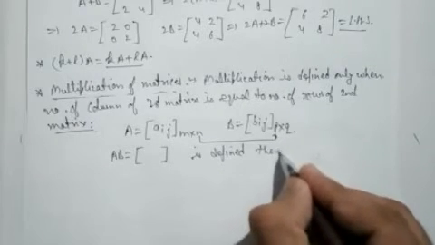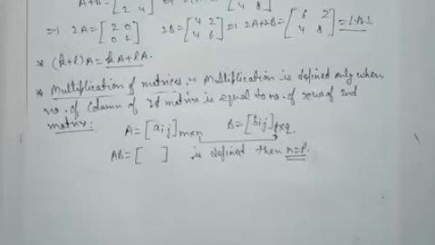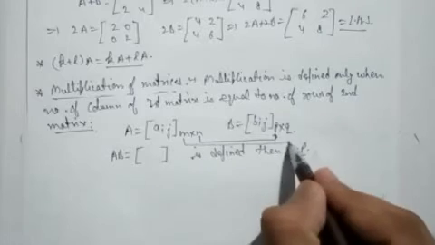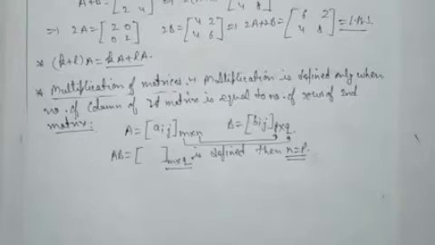Then N equals P, and the resultant matrix will be of order M cross Q.